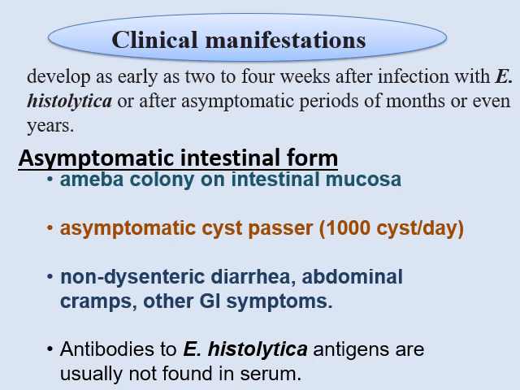We can consider this patient an asymptomatic cyst passer. They pass 1,000 cysts per day, or can have non-dysenteric diarrhea with abdominal cramps and other GI symptoms. Here, antibodies to Entamoeba histolytica antigens are usually not found in serum.